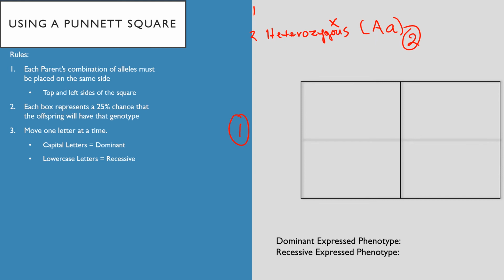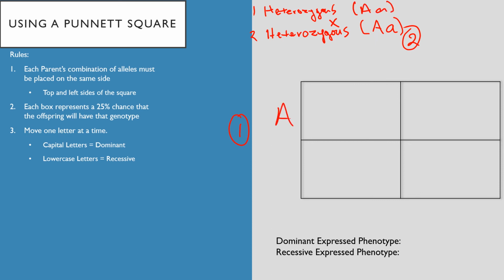So how can I get that, with them both showing dominant traits? In this pairing, we're going to have a heterozygous cross with a heterozygous.